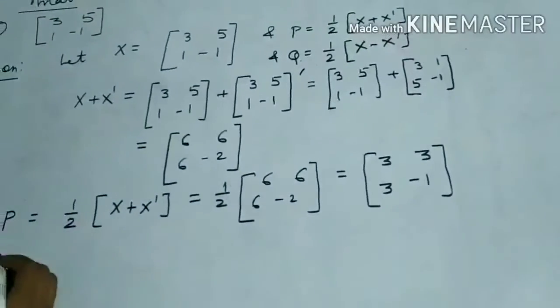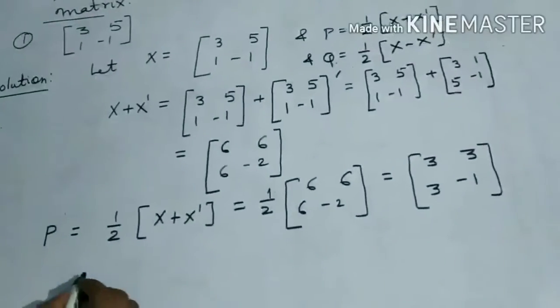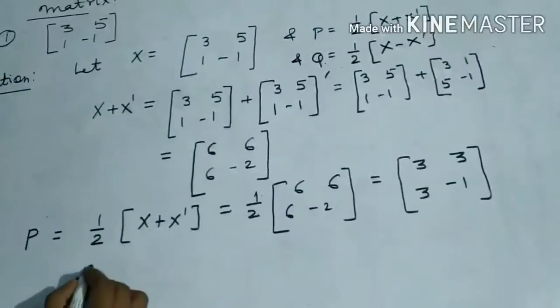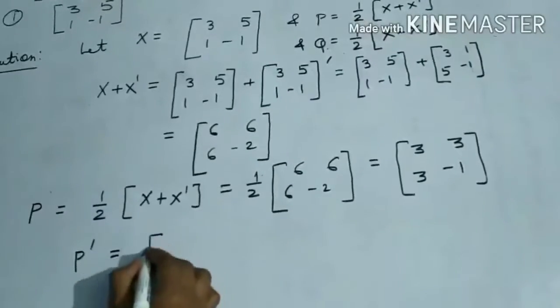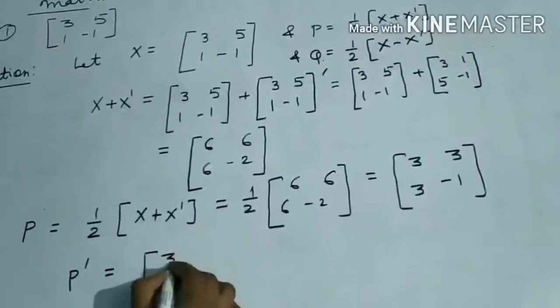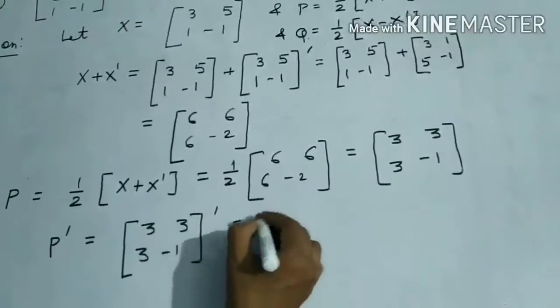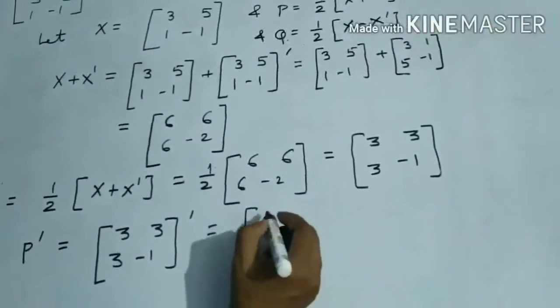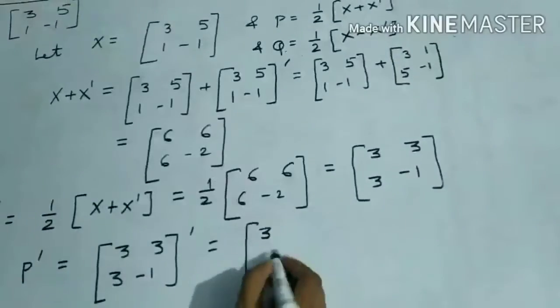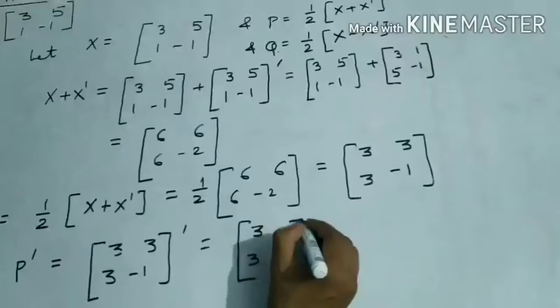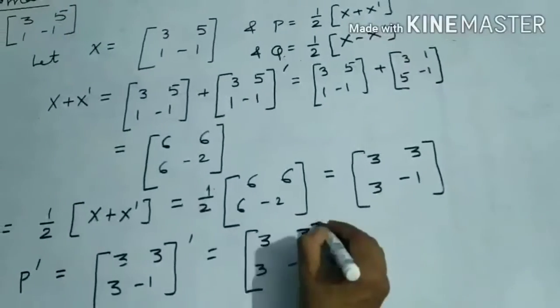Now we want to calculate the transpose of matrix P. P transpose is equal to the transpose of [3, 3; 3, -1], which means the first row becomes the first column, then the second row is 3 and -1.